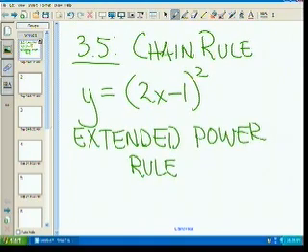So we've got an outside function. I think everybody would agree with this. Our outside function is the squaring function, and our inside function is the doubling and subtracting one function. So what we really have is something that looks like this.